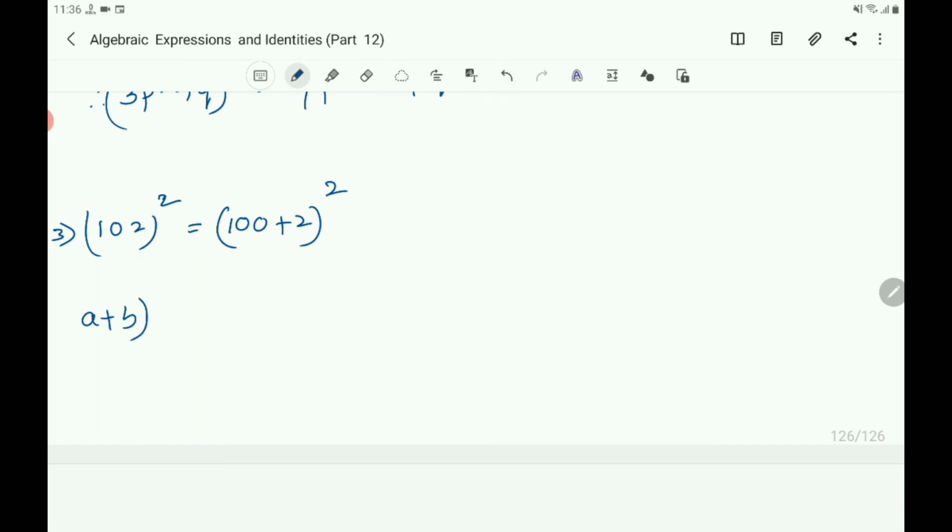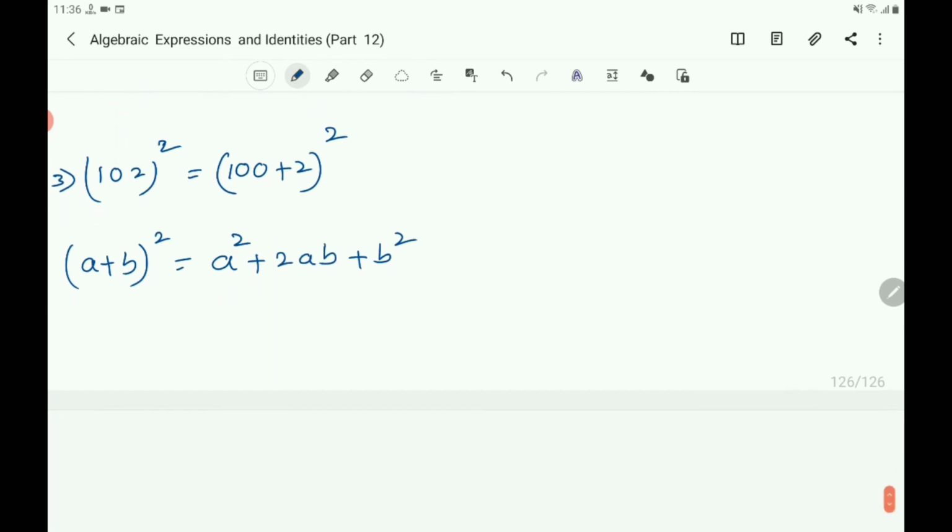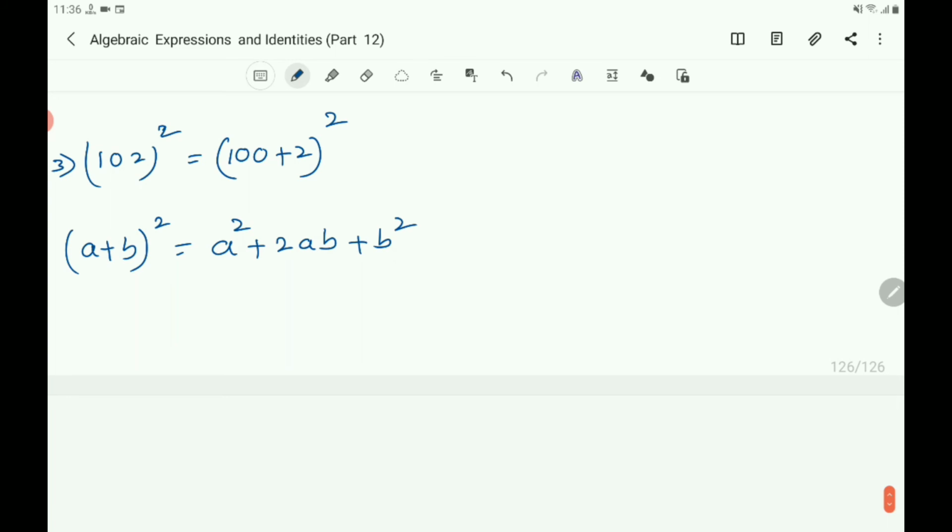A plus b whole power 2 equals a square plus 2ab plus b square. In 100 plus 2 whole square, a square means the square of the first term.